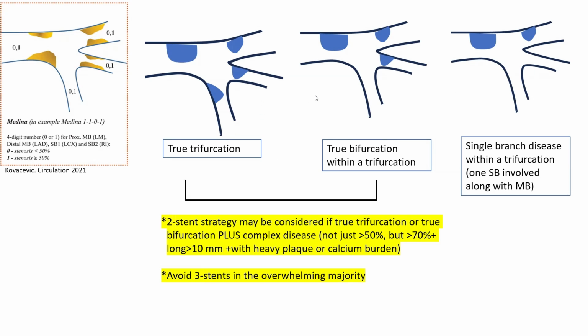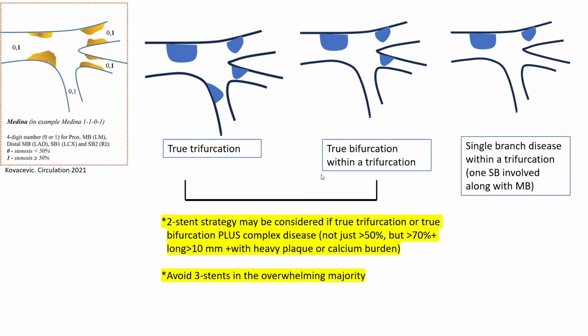A two-stent strategy may be considered if you have a true trifurcation or true bifurcation within a trifurcation plus complex disease. So it's not just true trifurcation or true bifurcation within a trifurcation. You can still do a single-arm, one-stent provisional strategy for those, but you consider a two-stent strategy if you have those plus complex disease.